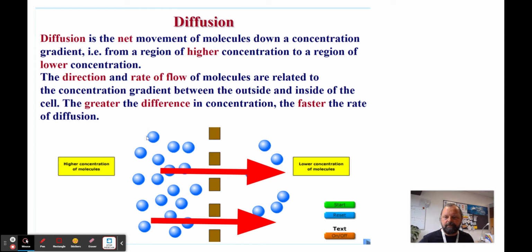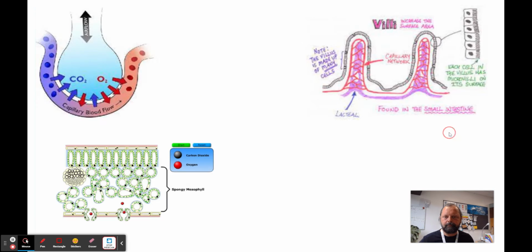The bigger the difference in that concentration, the faster diffusion will happen, and diffusion will stop happening if the concentration of molecules becomes equal on each side of the membrane.